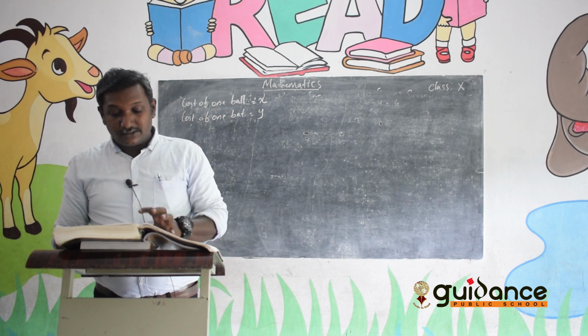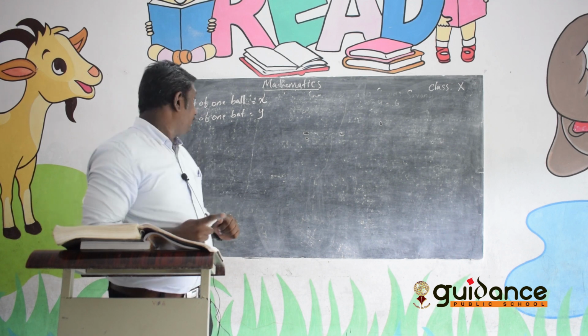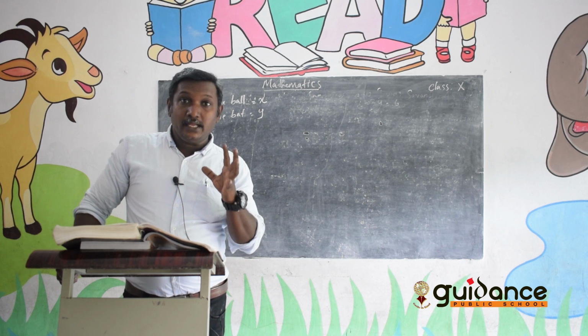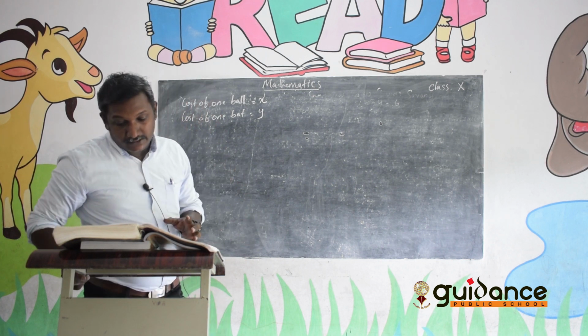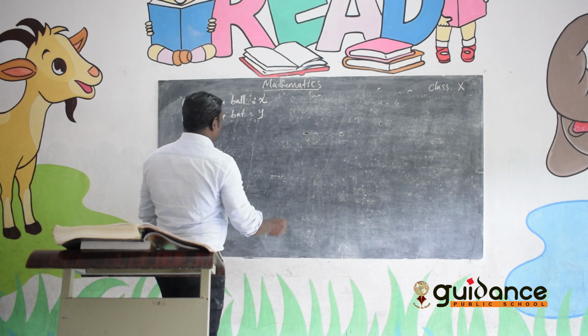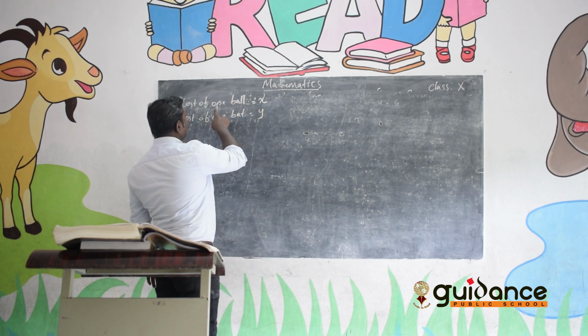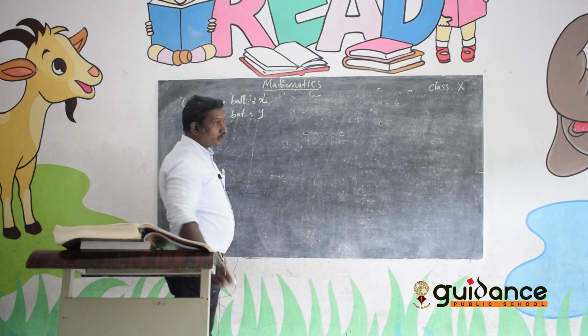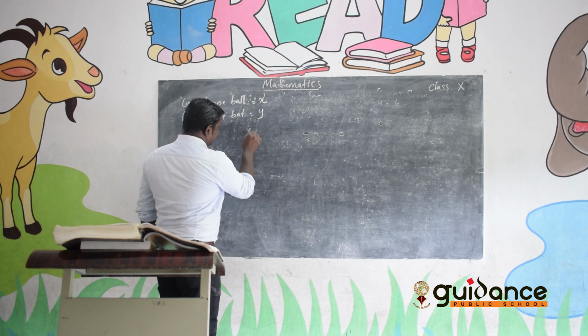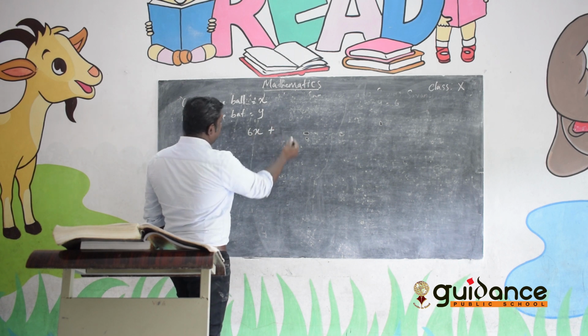She buys 3 bats and 6 balls. Firstly, she buys 6 balls. The cost of 1 ball is x. Then what is the cost of 6 balls? 6 balls is 6x. 6x plus bat.